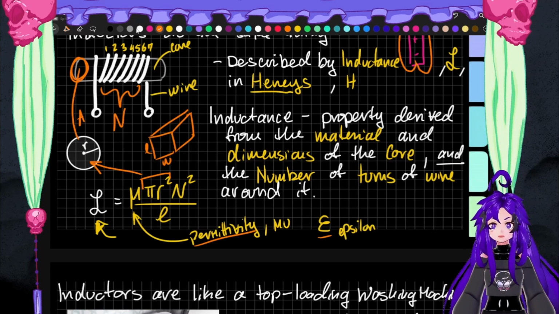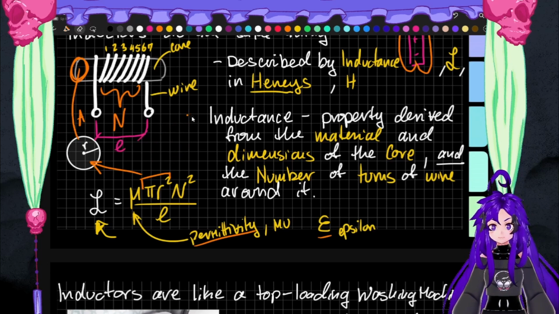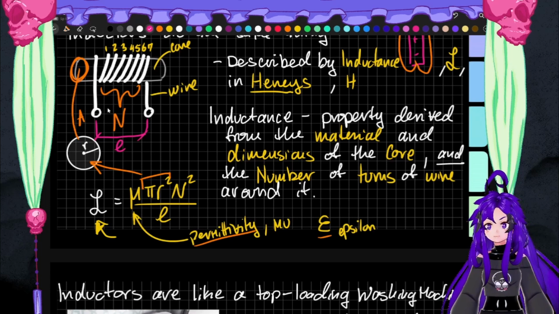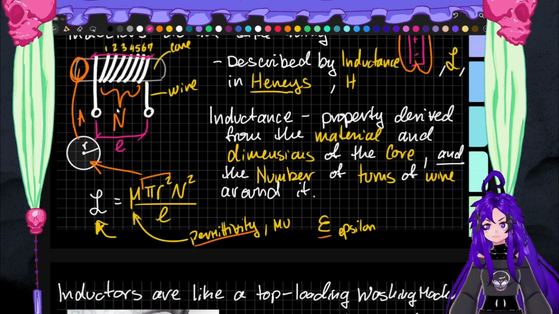And then L is the length here between the ends of the wire, right? So how much distance the coil takes up.